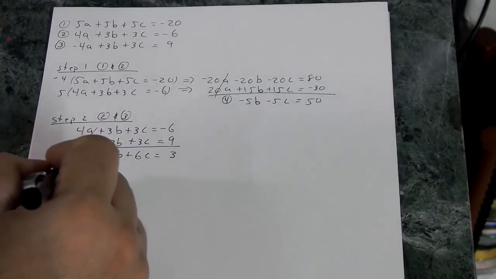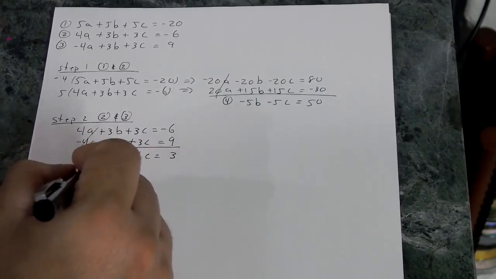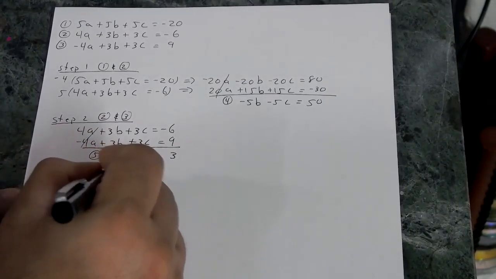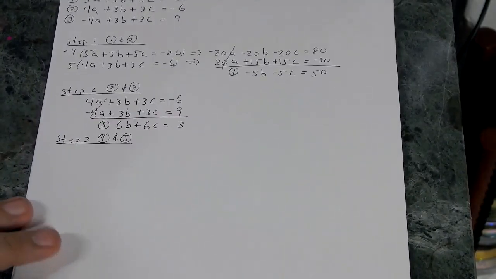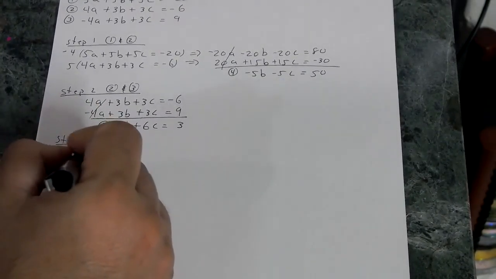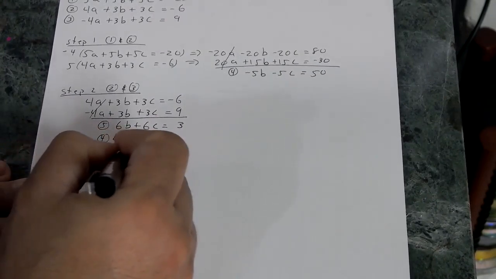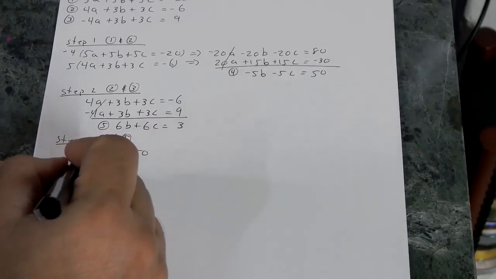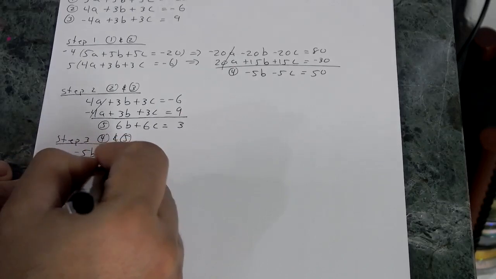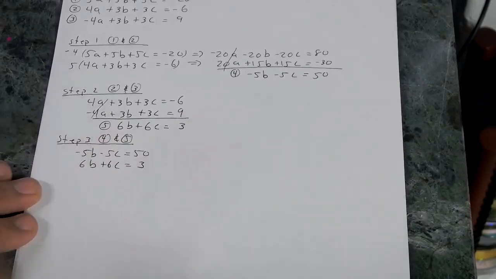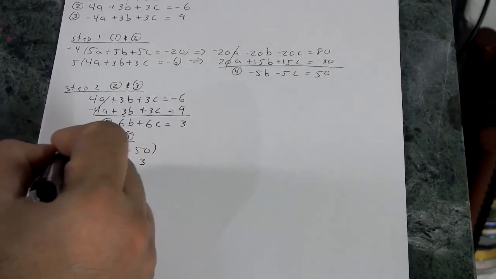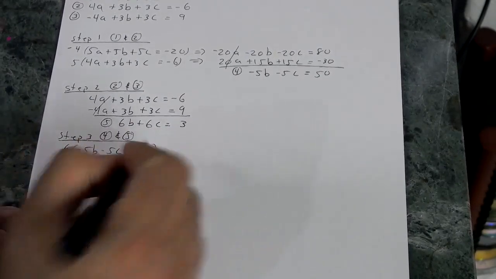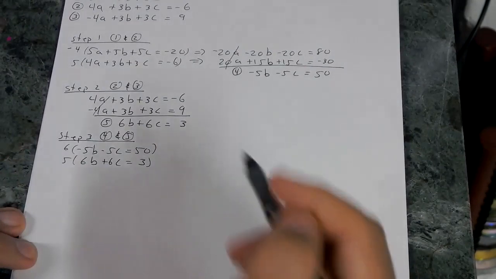Step 3, take 4 and 5. Okay. So we have negative 5b minus 5c is equal to 50. 6b plus 6c is equal to 3. I'm going to get rid of the b's. Multiply by 6 the top, multiply by 5 the bottom.